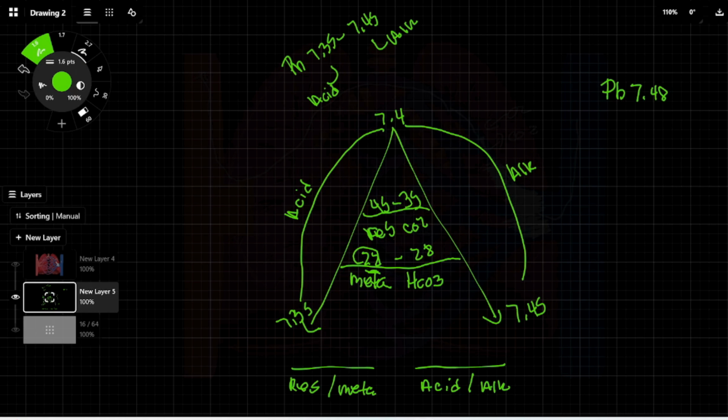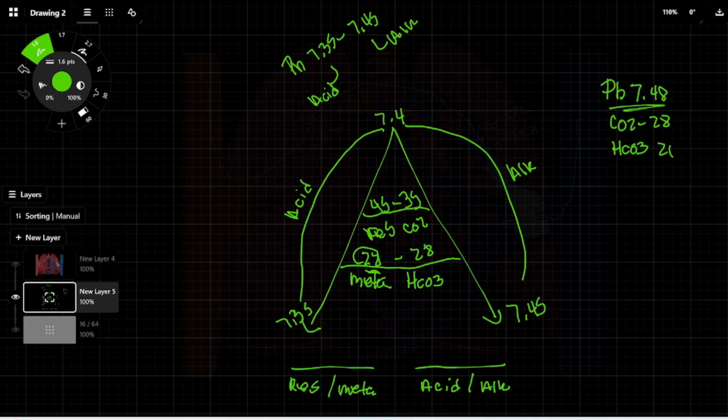They have a CO2 of 28, and they have an HCO3 of 21. Now, you probably notice that both of these values are off. The CO2 is way too low, and the HCO3 is a bit on that high side.